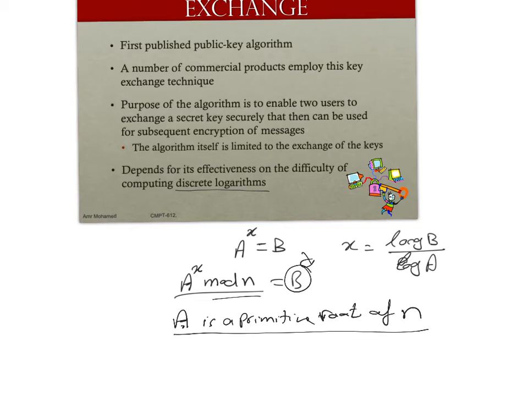Typically you could end up with the same answer. But this is about the condition: if a is a primitive root of n, the number that you will get on the other side is always different, for each integer value of x.